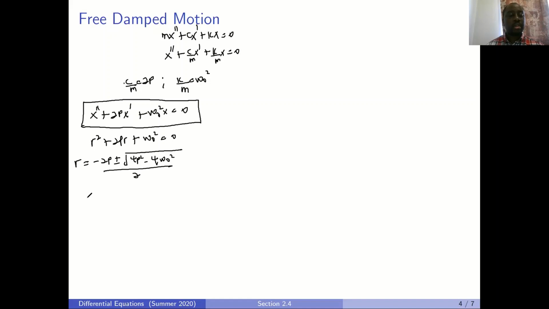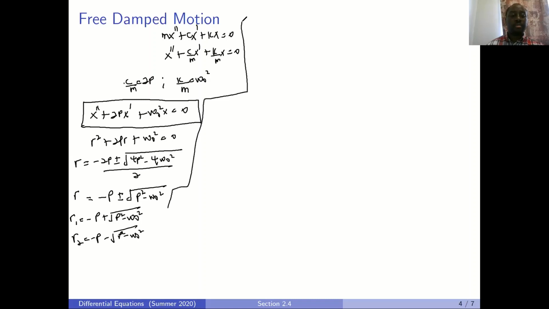And so if we simplify that, we have minus p plus or minus, if we factor out a 4, that's going to give us a 2 outside, which is going to divide this 2. So we have the square root of p squared minus w0 squared. Right. So we have two roots, r1 being minus p plus the square root of p squared minus w0 squared, and r2 being minus p minus the square root of p squared minus w0 squared.